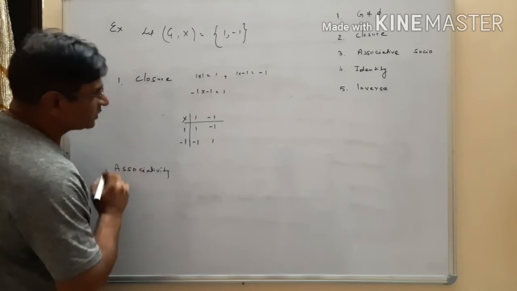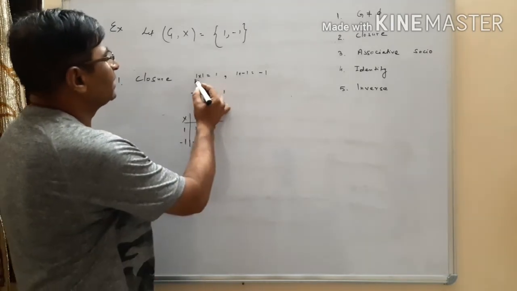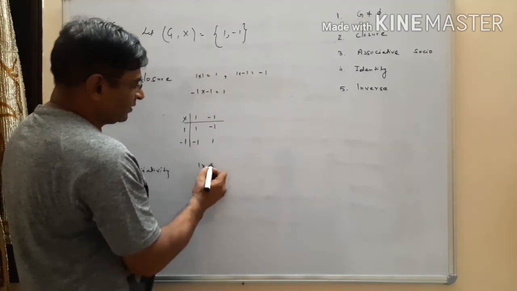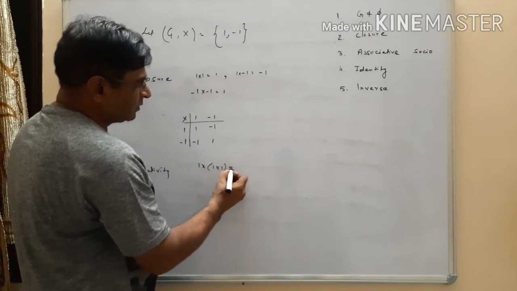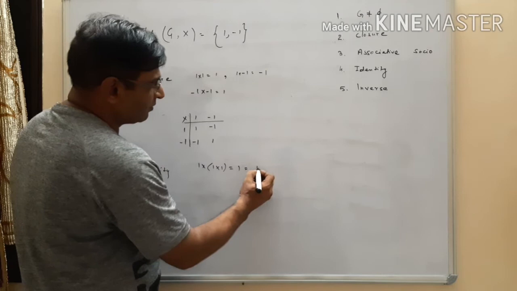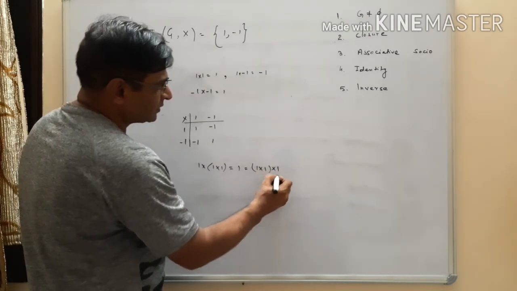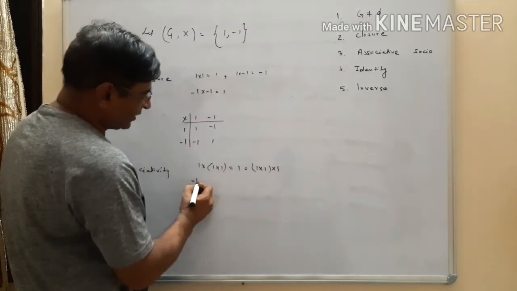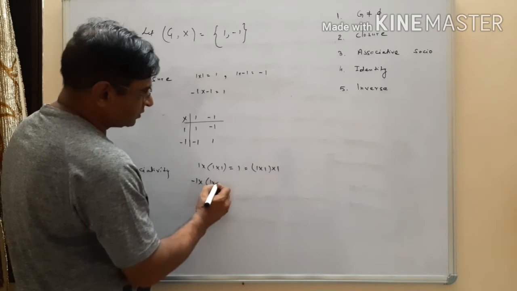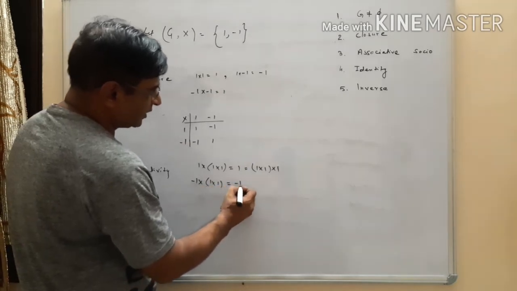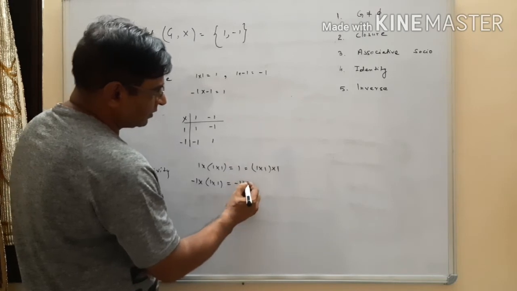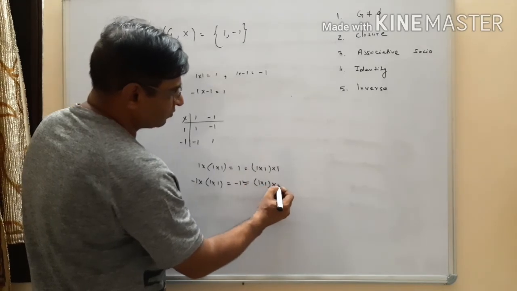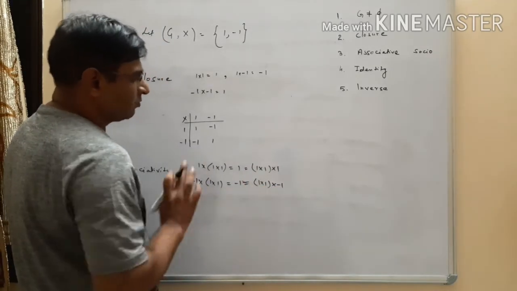Associativity. If I multiply like this, the result is 1, or if I multiply like this, the result is still 1. For any other element, suppose 1 cross 1 gives minus 1, and if it is multiplied from the right side, then also minus 1.